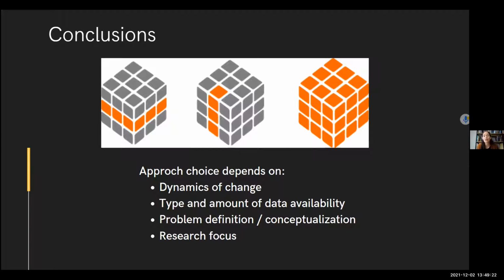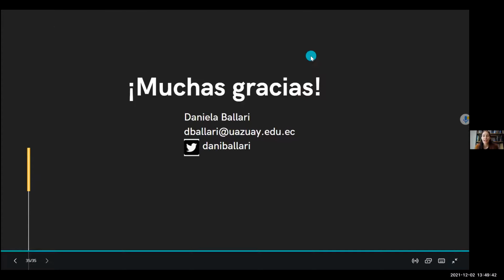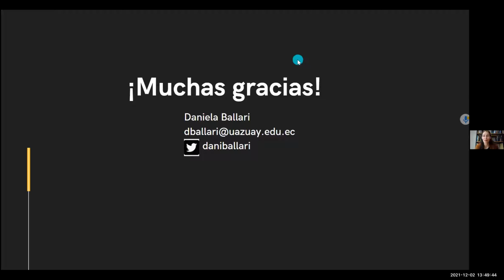What we need to do is to make explicit the research choices that we make, so other researchers or other people that see our work can evaluate it, based on the choice and the conceptualization that we did.